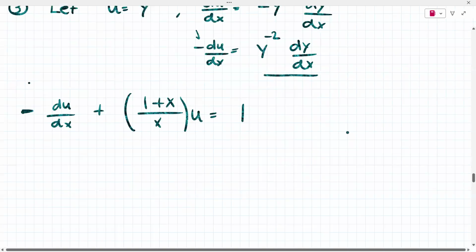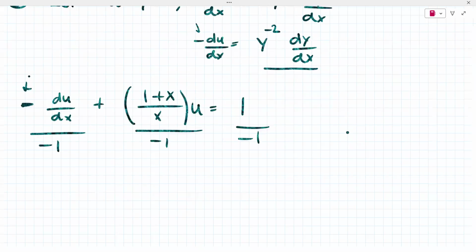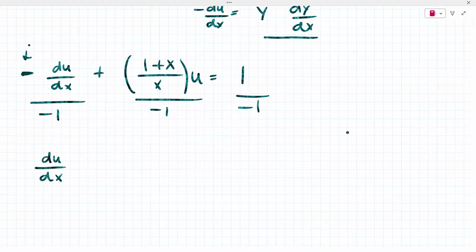What would I do next? Maybe get rid of this negative by dividing everything by negative 1. Okay. So now we have positive du dx, and then 1 plus x, it's like a complex fraction, 1 plus x over x divided by negative 1.